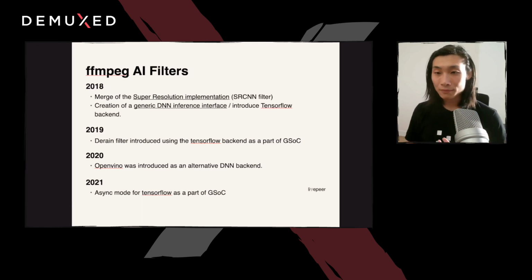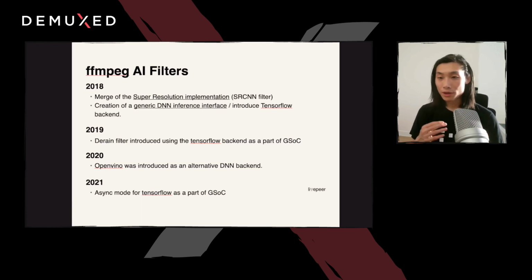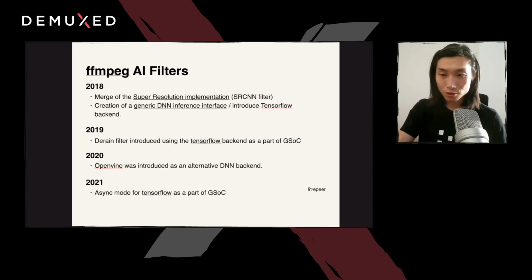In 2019, the Derain filter was introduced to the code base on top of the TensorFlow backend as a part of Google Summer of Code. In 2020, OpenVINO was introduced, so we start to have different types of DNN backends. In 2021, only this past summer, there was a pretty big refactor so that now we can do async mode for TensorFlow to make it much more performant.